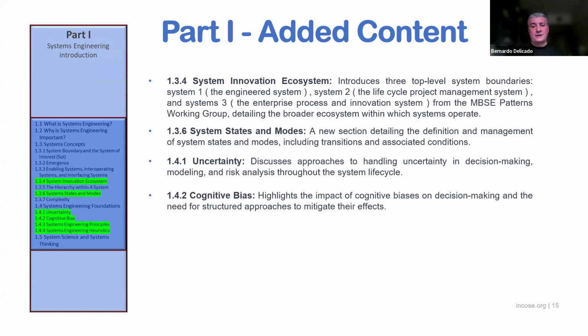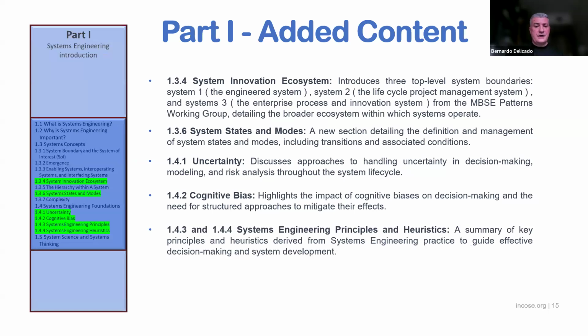Cognitive bias highlights the impact of cognitive biases on decision-making and the need for structured approaches to mitigate their effects. Session 143 is the one for system engineering principles, and 144 for system engineering heuristics. Both are a summary of key principles and heuristics derived from system engineering practice to guide effective decision-making and system development.